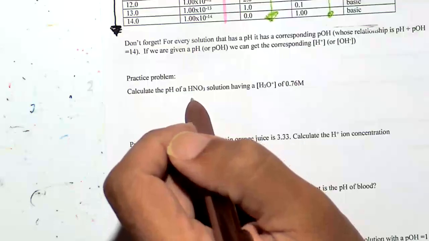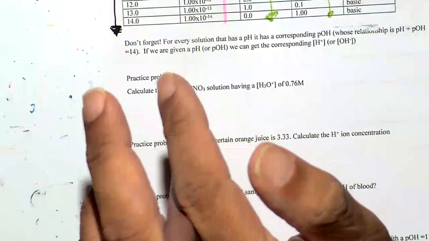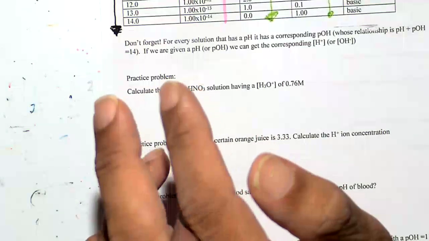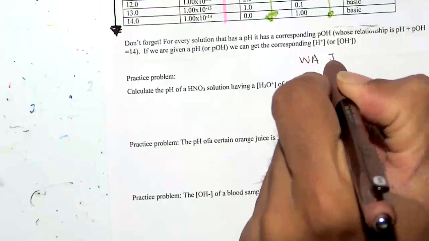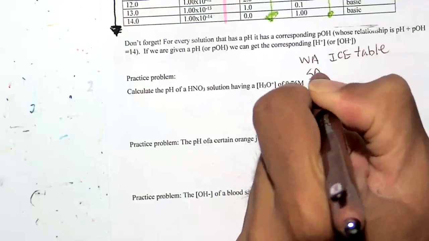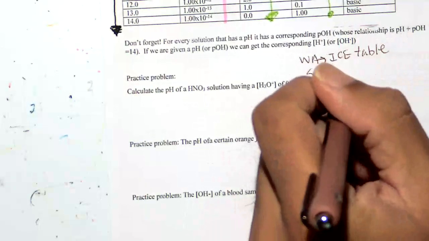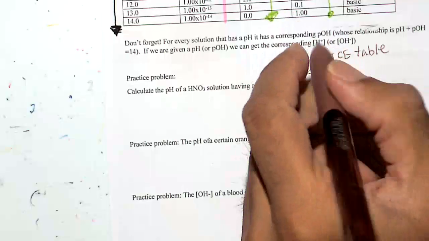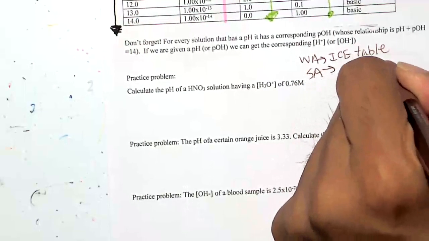Can you plug it into the pH equation? You can't. You'll have to do an ice table. This is what we'll do on Friday. Strong acids that you saw in that list of 6, you can put into the pH equation.